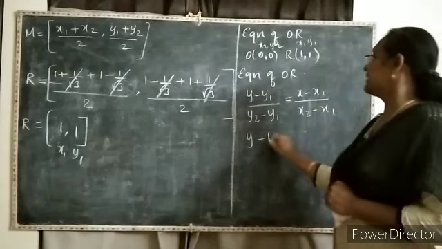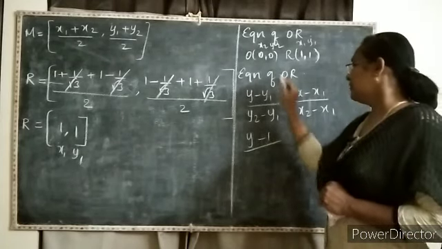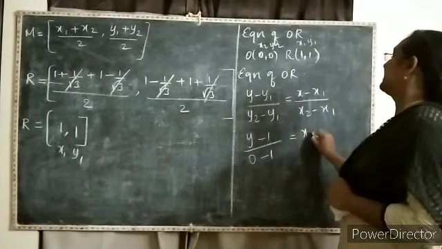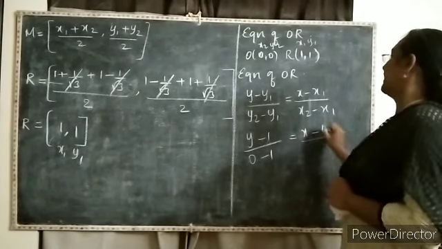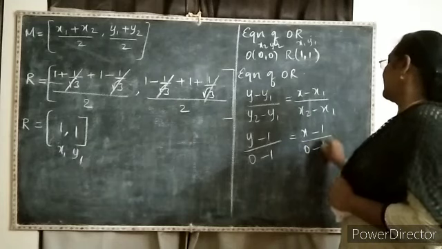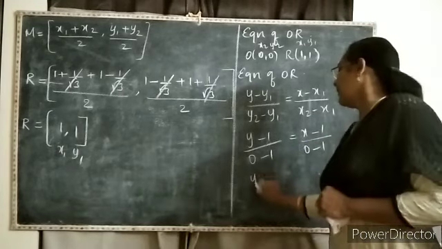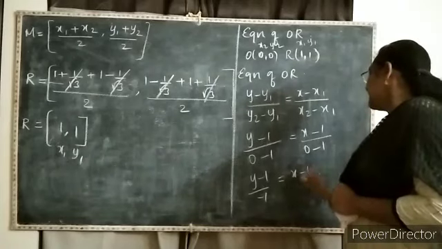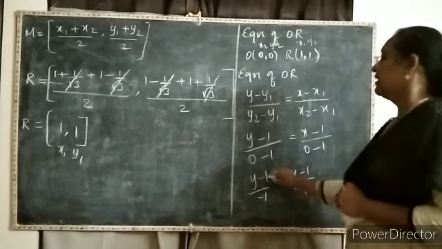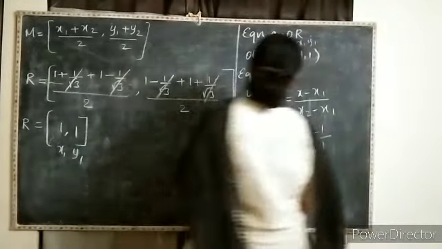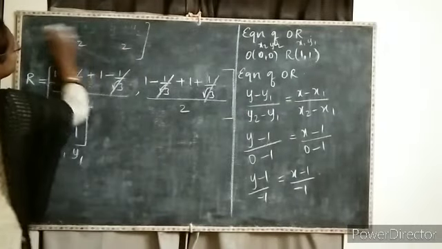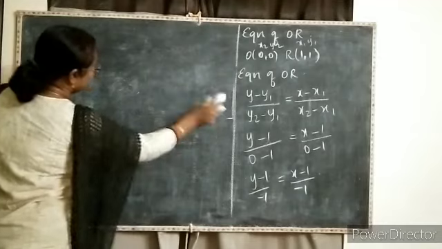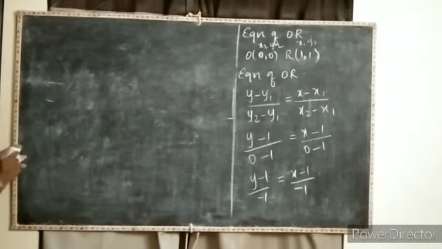So now (y minus 1) divided by (0 minus 1) equal to, in the same way, (x minus 1) divided by (0 minus 1), isn't it? So (y minus 1) divided by minus 1 equal to (x minus 1) divided by minus 1. We are going to cross multiply, and we will get the equation of the line OR.